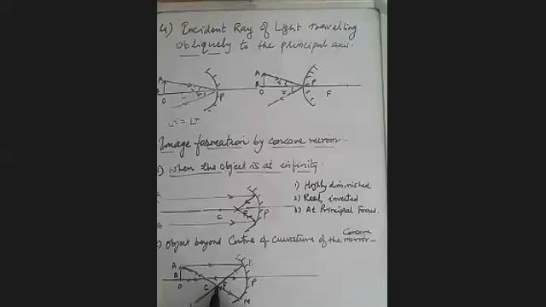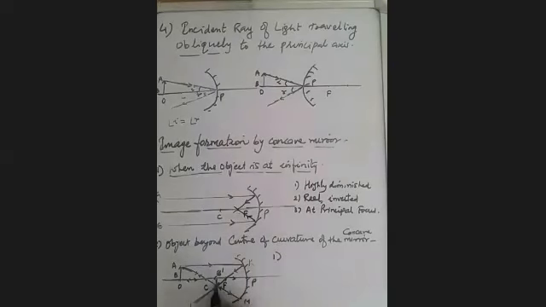So draw a perpendicular from A dash on the principal axis, and we know the image of point B lies somewhere on the principal axis. So this will be the image of point B. Therefore, A dash B dash. What is the position of the image?